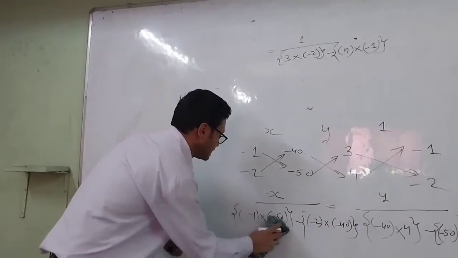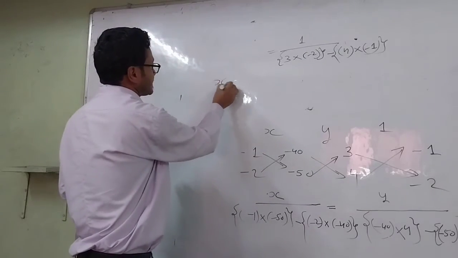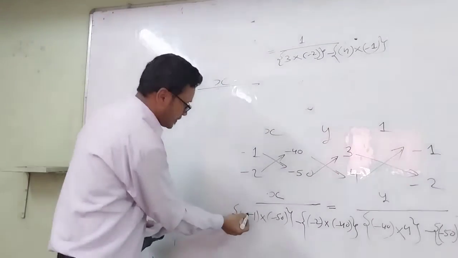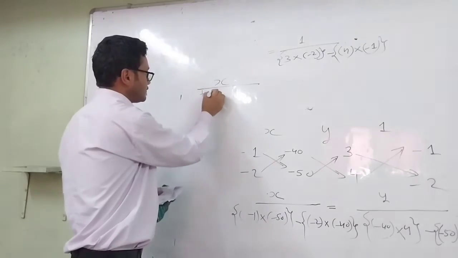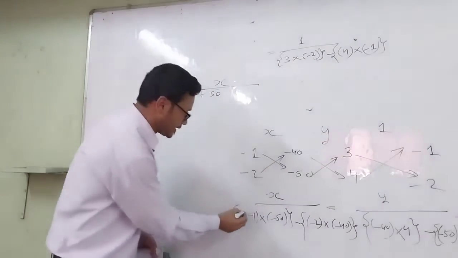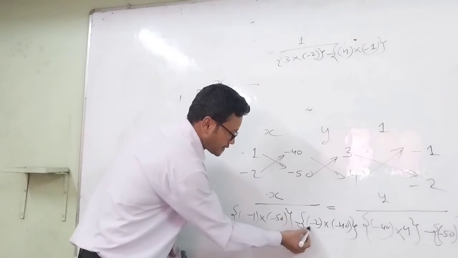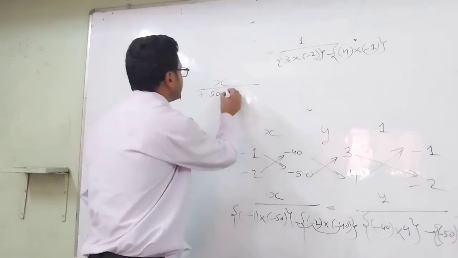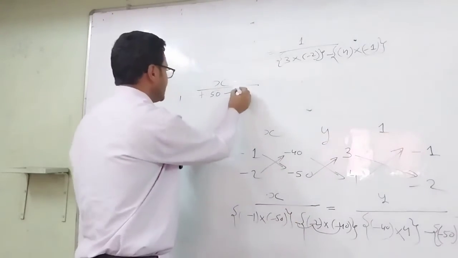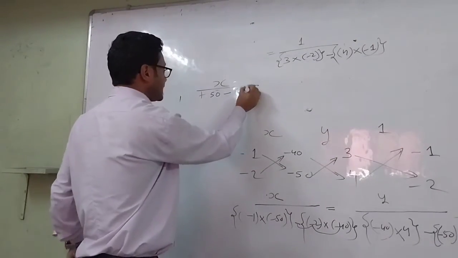Okay, I'll write over here, x only, then minus into minus plus 50 only, then minus into minus plus, plus into minus minus, that means 240 is 80. 240 is how much? 80. Understood?